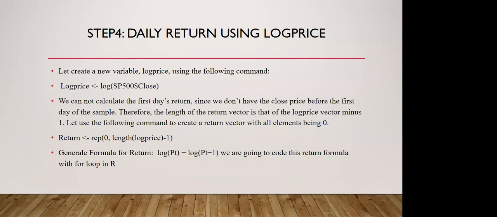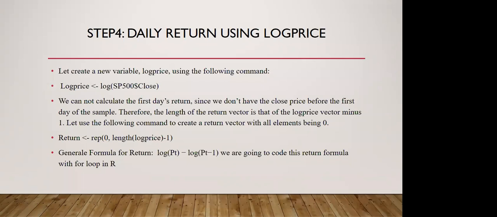The next point is just the basic idea of why we cannot calculate the return of the first year, because the return is equal to the current year minus the previous year. Since at the first year we cannot have a return, we skip the first year.